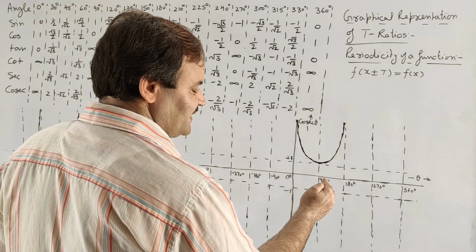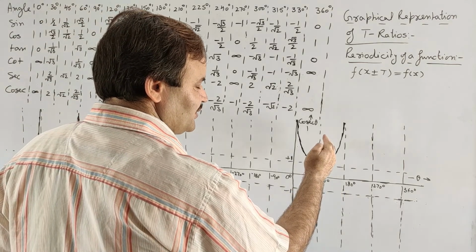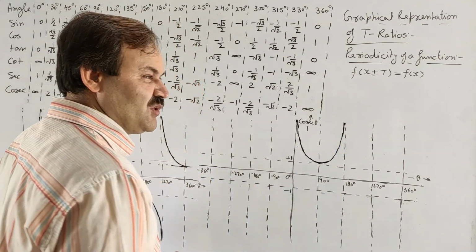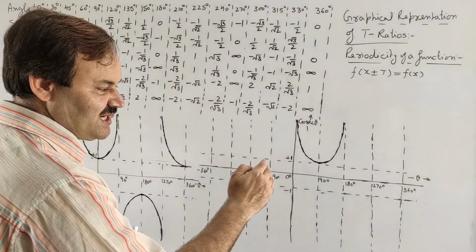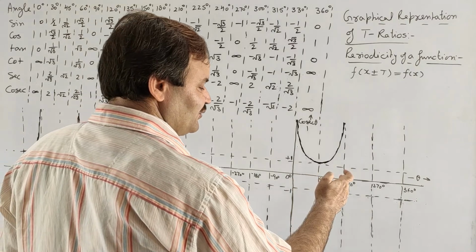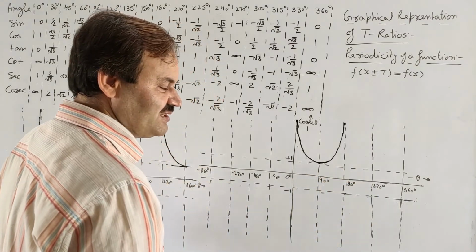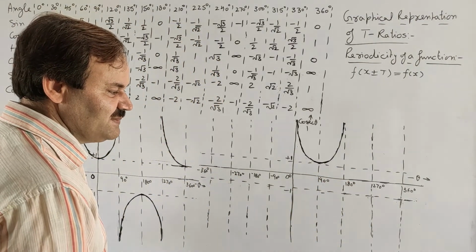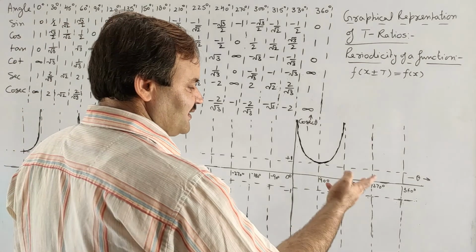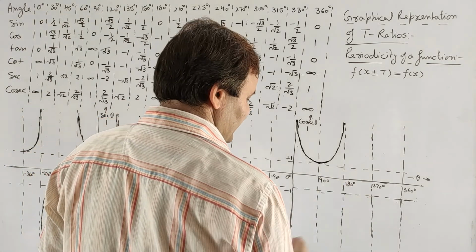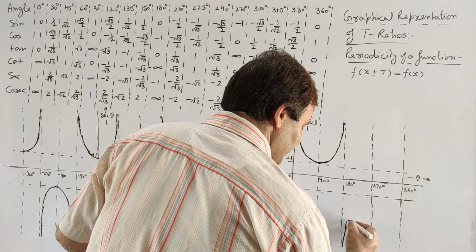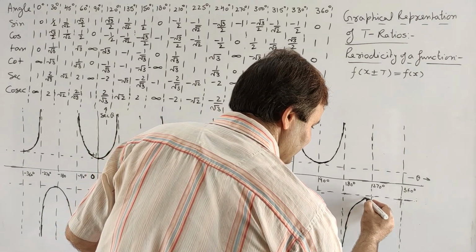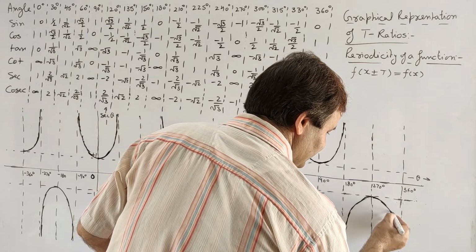Just before 180 degree, the value of cosec theta will be positive infinite, and just after 180 degree, theta will enter the third quadrant, and in the third quadrant cosec will be negative. So in the third and fourth quadrants, cosec theta being negative, the value of cosec theta with angle theta will vary this way.